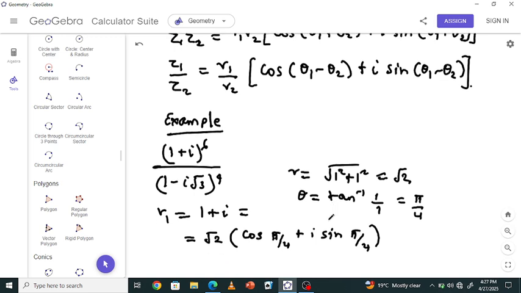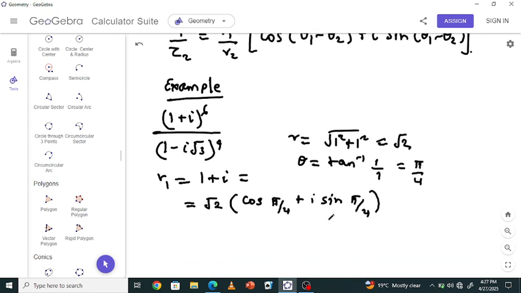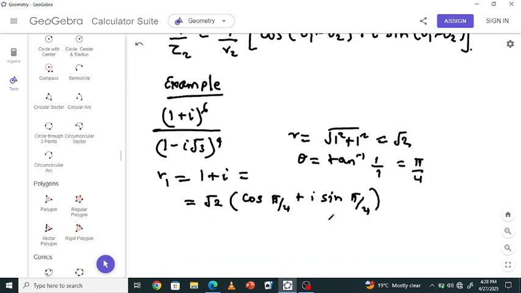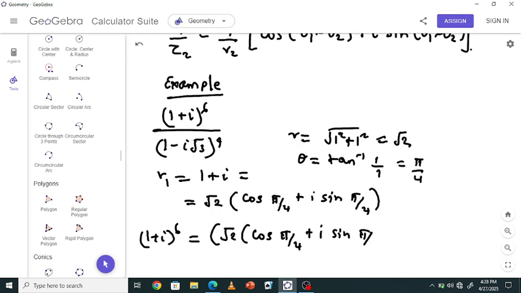But now remember, it's raised to power 6. We apply De Moivre's theorem. Now we have 1 plus i raised to power 6 is equal to root 2 into cos pi over 4 plus i sin pi over 4, raised to power 6.